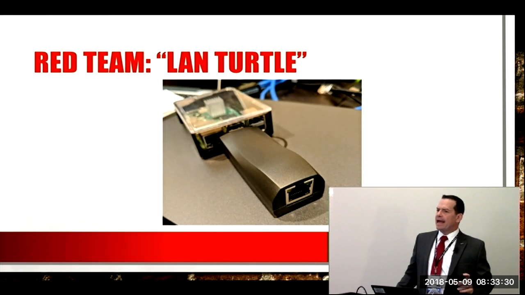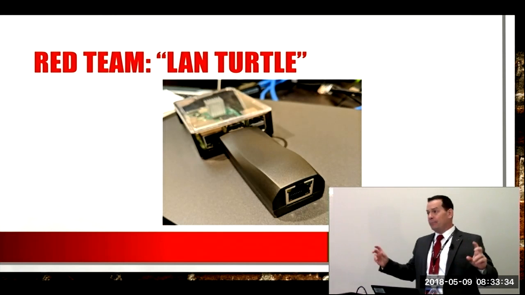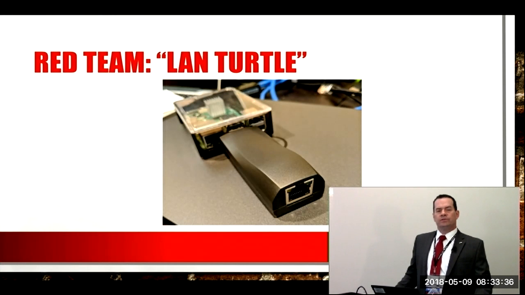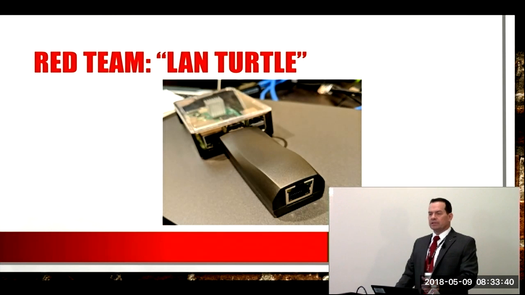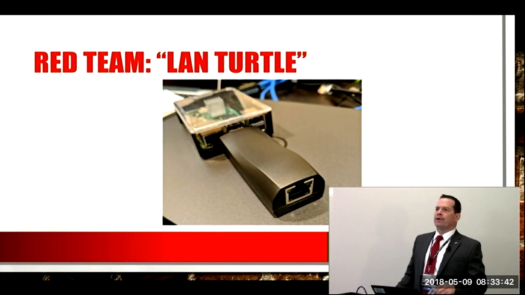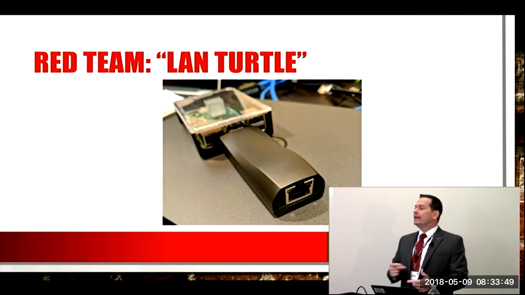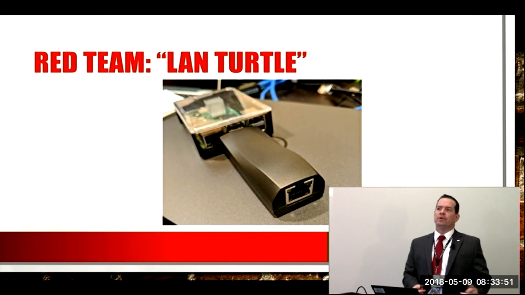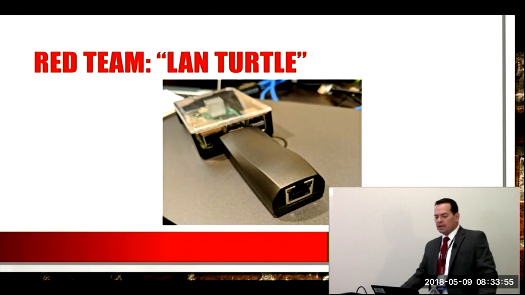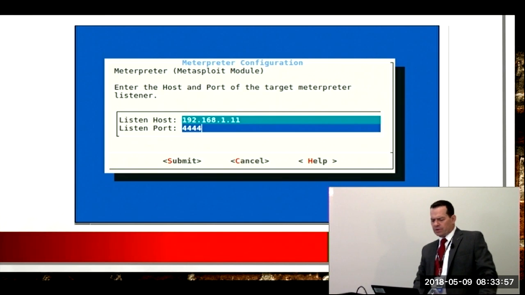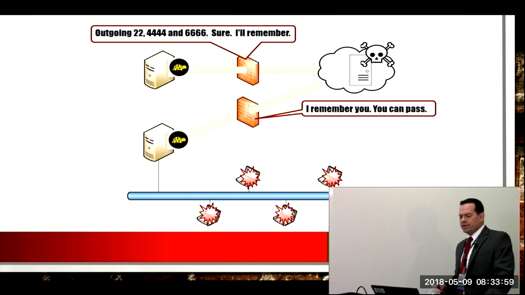So I knew I had a device that I could easily compromise in order to execute this exercise. So I used the LAN turtle, went into the library where they were located, and plugged the LAN turtle in. Because you can configure it ahead of time, it automatically started opening up those channels of communication outside of the network.